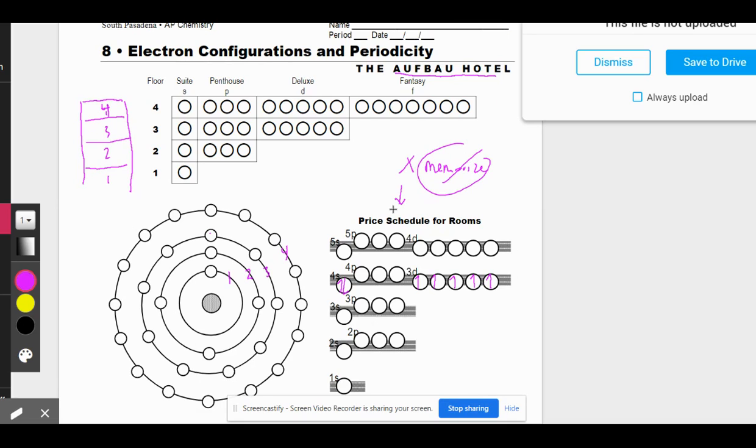You don't go by the energy. You go by the energy level, or how far from the nucleus it is. So you would remove from the highest number energy level. So this is energy level 4 versus energy level 3. You're going to remove these ones. So these are added first, but they're also removed first.